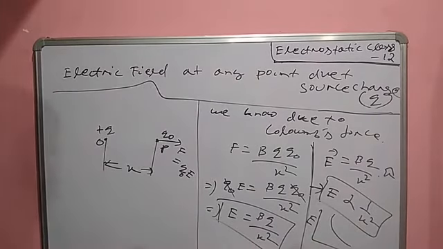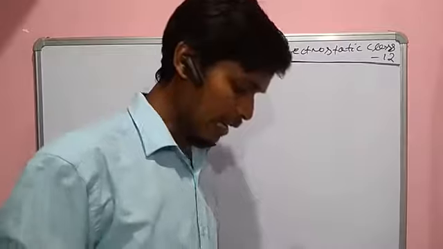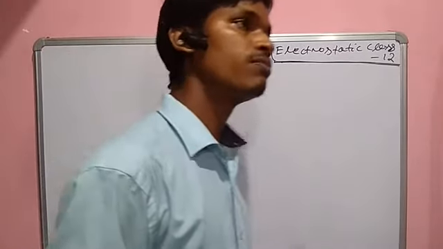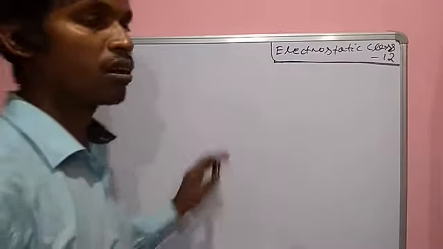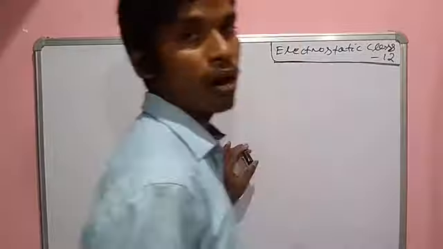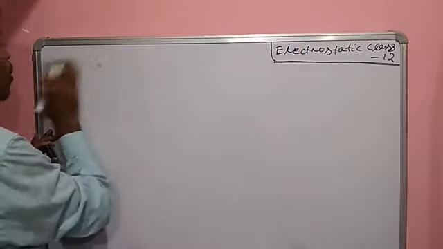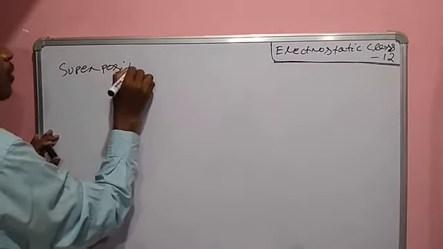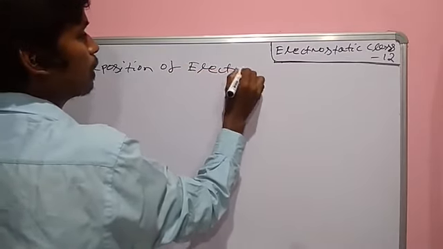So you can write, electric field at a point P we have already known. After this point we have to discuss superposition of electric field. Make a heading: superposition of electric field.